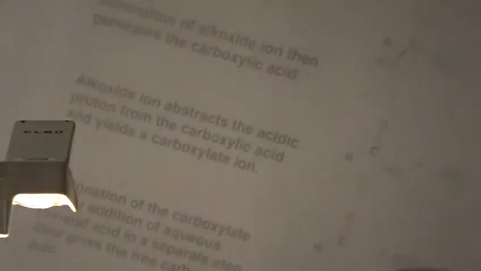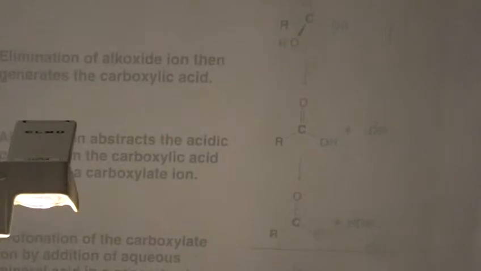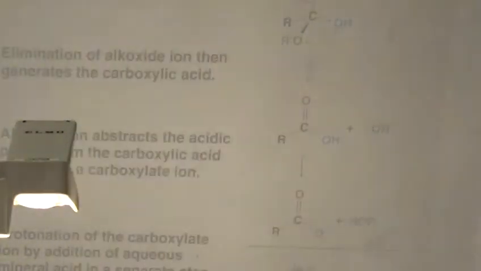In your textbook, either the 6th edition, it's page 792, 7th edition is page 810, there's a general mechanism for base-induced ester hydrolysis that you'll go through next semester, okay? And so that's basically what we've done here, basic hydrolysis.